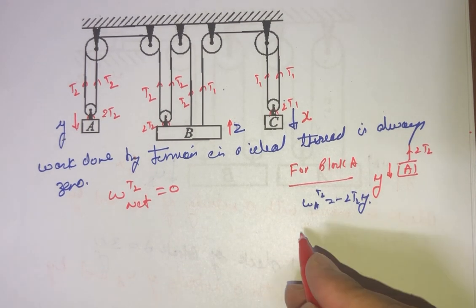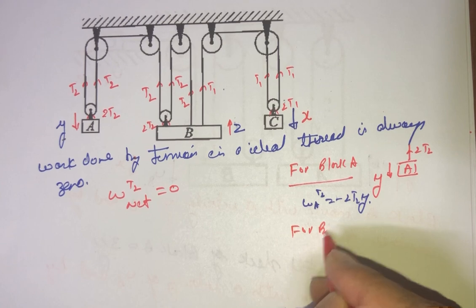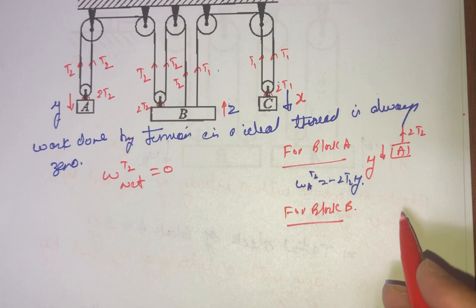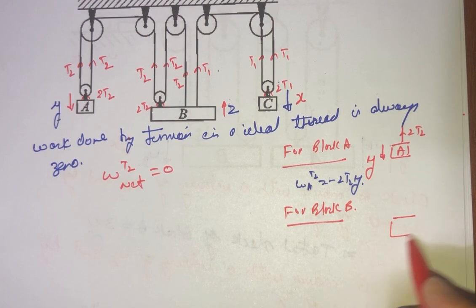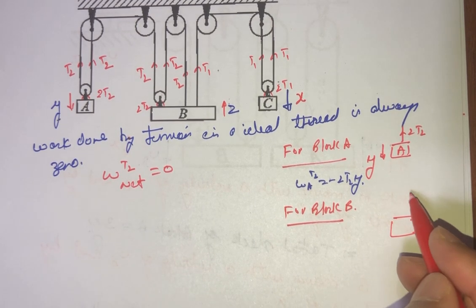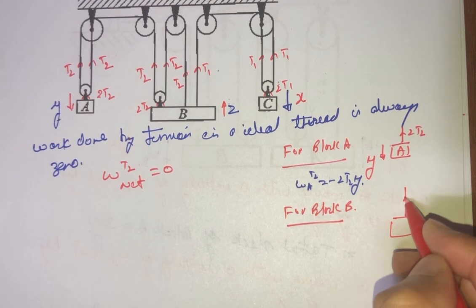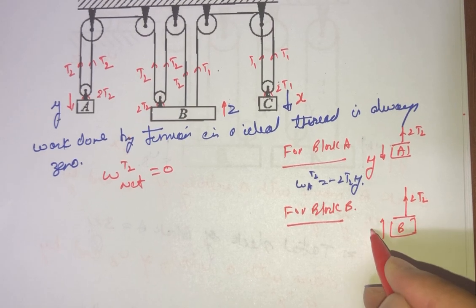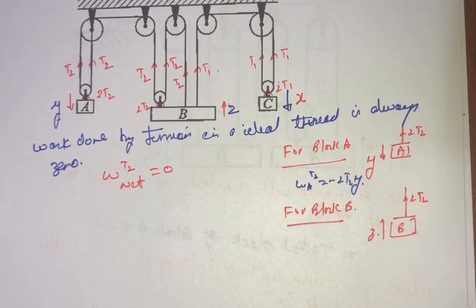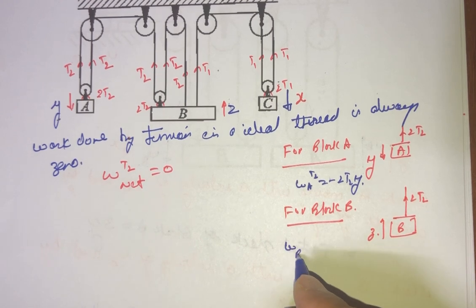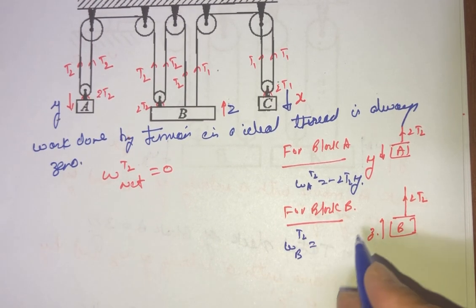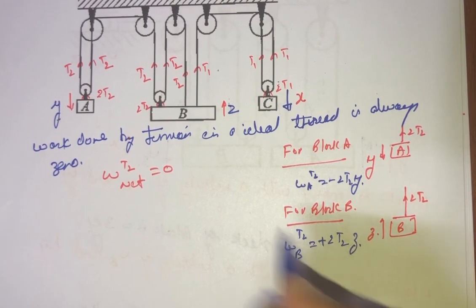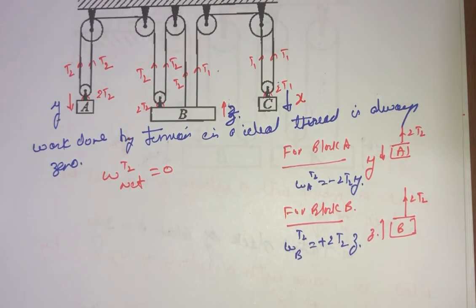and for block B we have a tension of twice T2 in upward direction and the movement is also in upward direction. So work done of B for T2 will be equal to positive twice T2 into Z. Okay, let us call this as Z this way.